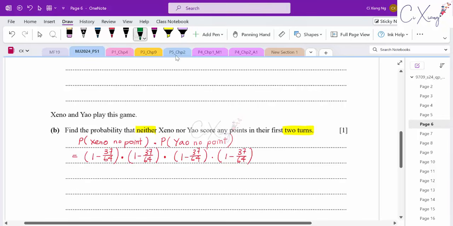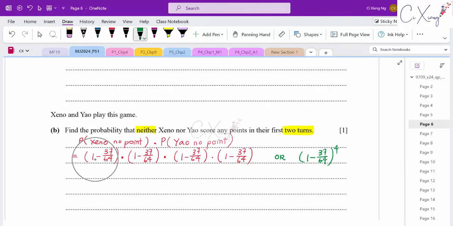In short, you can just write it as 1 minus 37 over 64, to the power of 4. But I list out everything here to show the first turn for Zeno, no point, second turn for Zeno, no point, first turn for Yao, no point, and the second turn for Yao, no point.